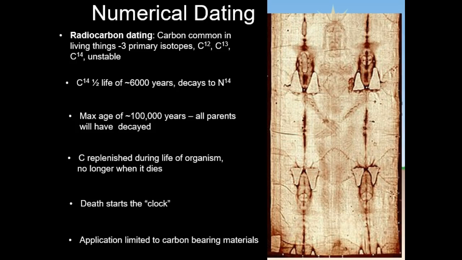The half-life of carbon-14 decaying into nitrogen-14 is only about 5,700 years, which allows us to date historic past events, as well as the more recent geologic past. However, it is no longer useful for any material older than about 100,000 years, as the remainder of the parent material is basically negligible at this age.